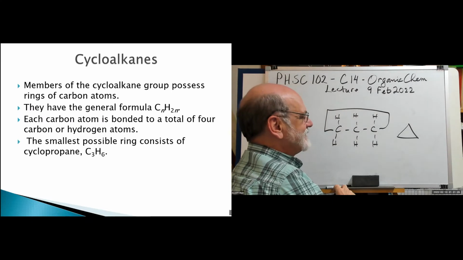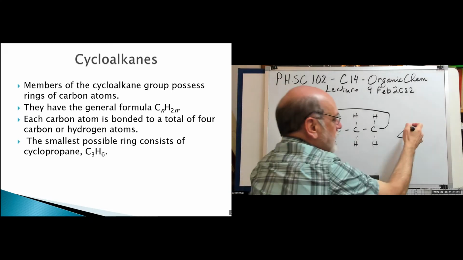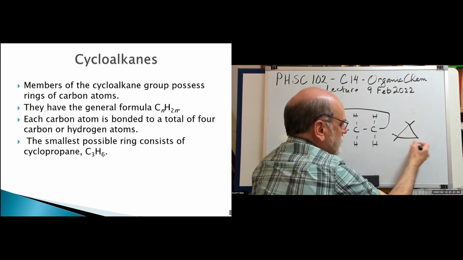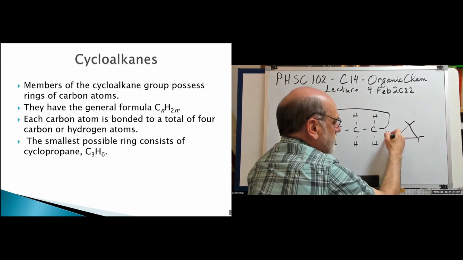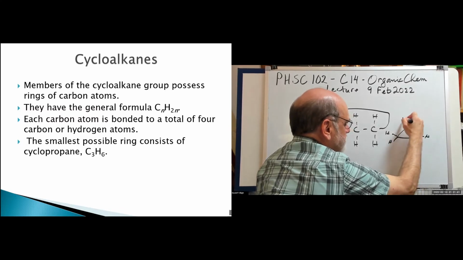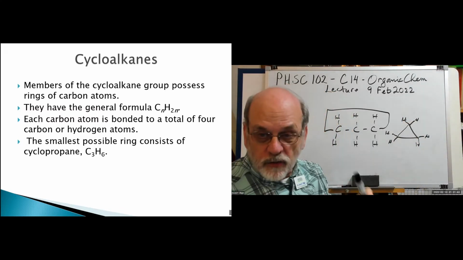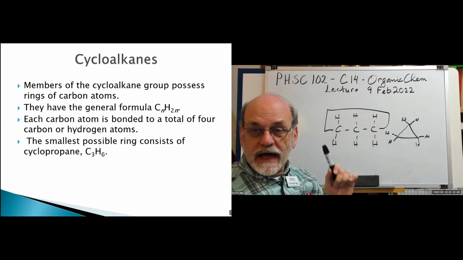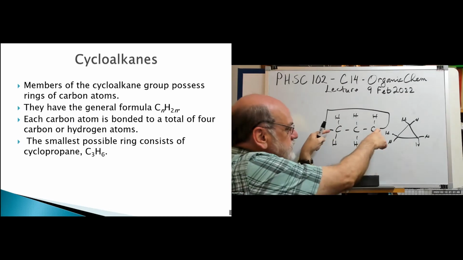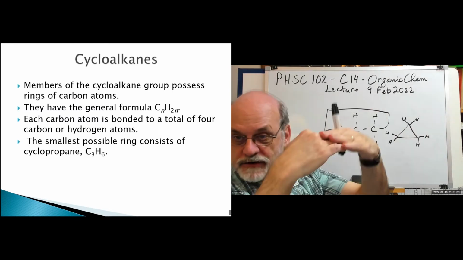Okay. And then this carbon needs 4, so we've got 2 hydrogens there, 2 hydrogens there, 2 hydrogens there. So the reason now it's 2N and not 2N plus 2 is because that plus 2 was lost at the end to complete the ring.